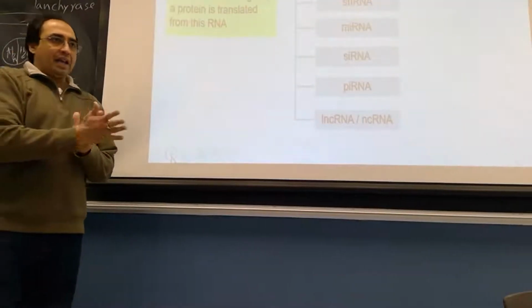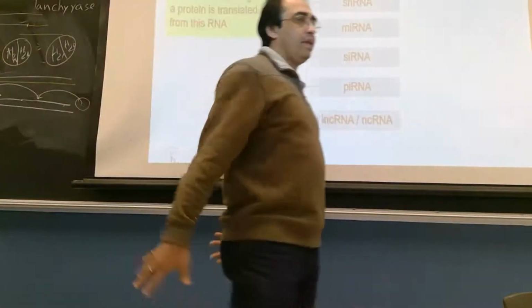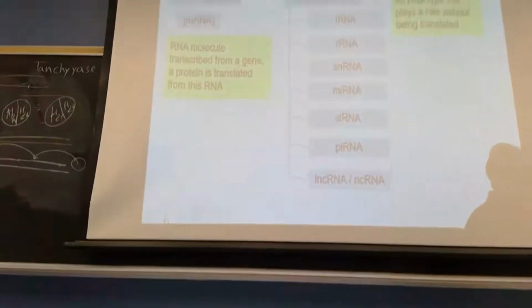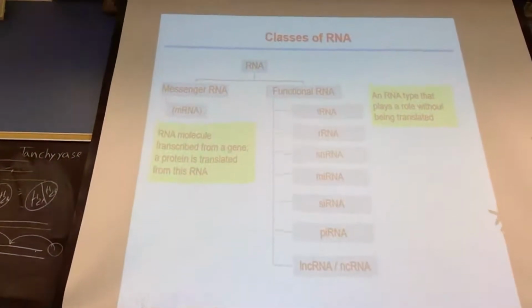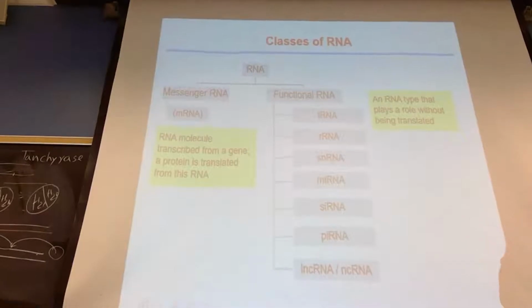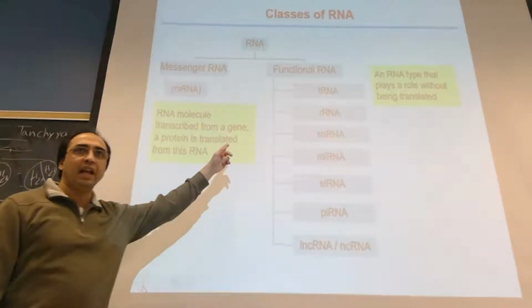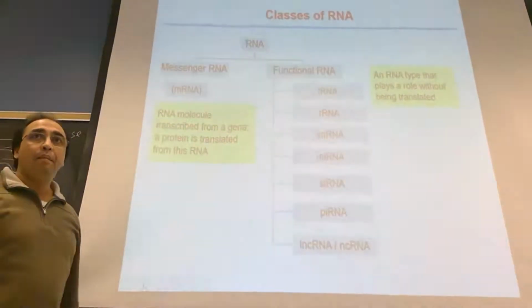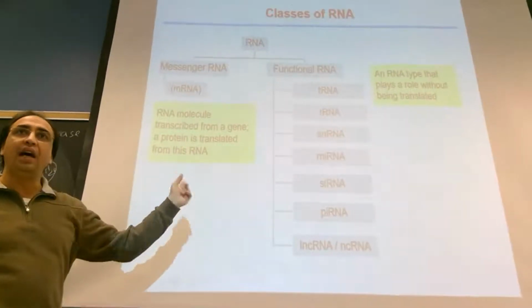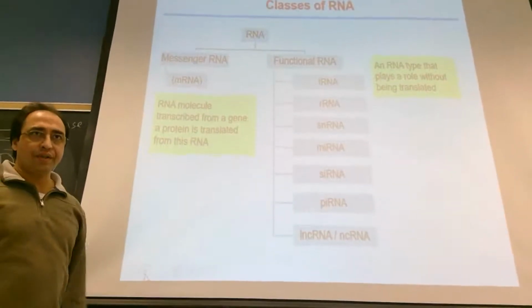So these are the main classes. I divided everything into two classes. One is the main class, that is the messenger RNA. They have different functions. tRNA is required for protein synthesis, but it is not actually transcribing the codes.